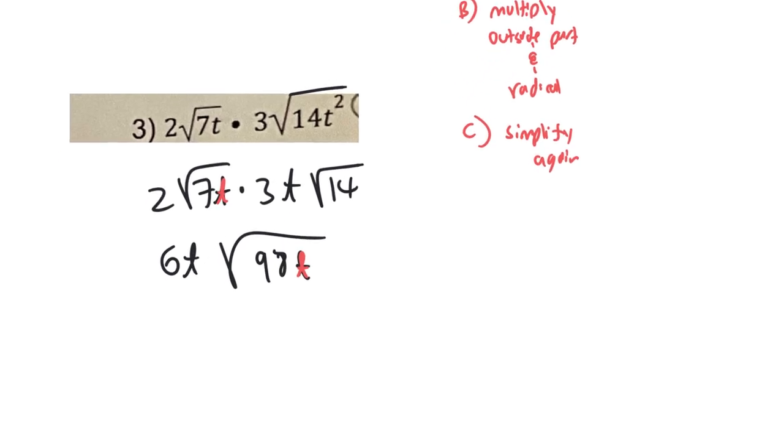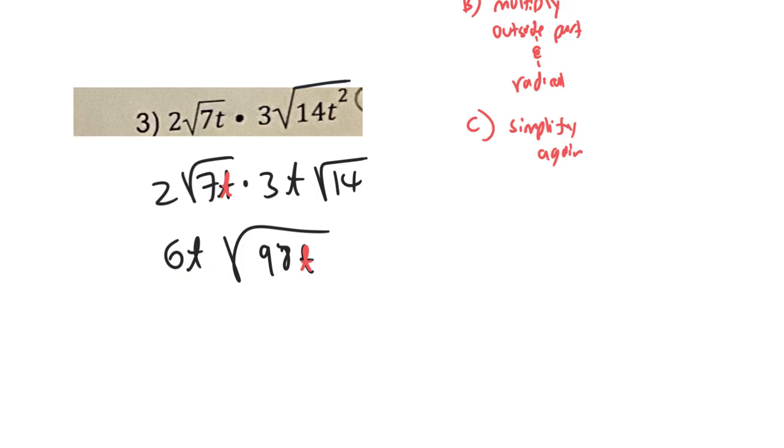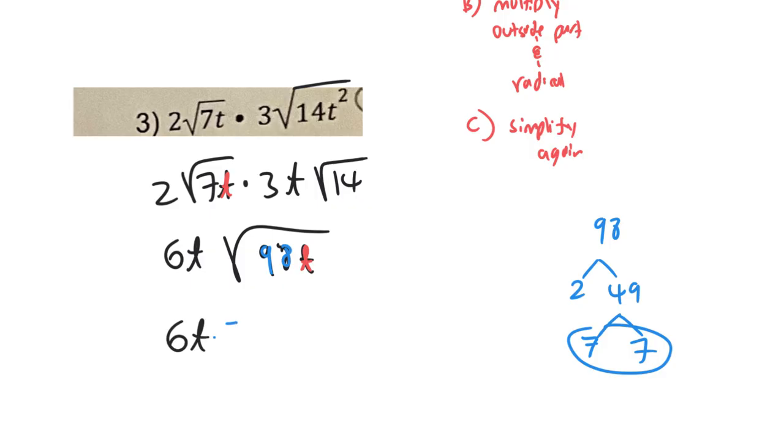So let's see, the 98, the blue 98, hopefully my student watching recognizes that could be split as 2 times, I guess that would be 45 plus 4, so that would be 49, and then that would be 7, right? And then you have your pair of 7s there. So a 7 is going to get out, so we're going to have a 6t times a 7.